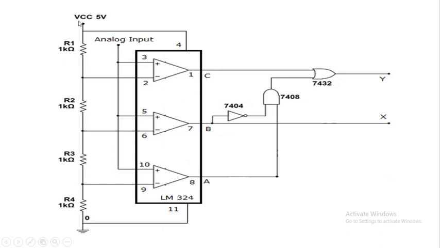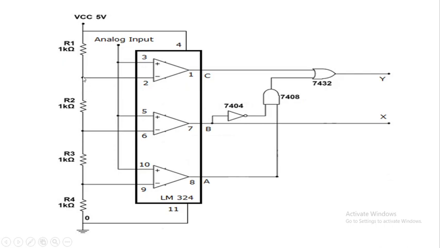If you observe, a VCC is connected through 4 equal value resistors. So each value of the resistor is 1 kilo ohm. That's why an equal voltage will be divided across each resistor. That's why across R4 there will be a voltage of 1.25. Across R3 and ground there will be the voltage of 2.50.